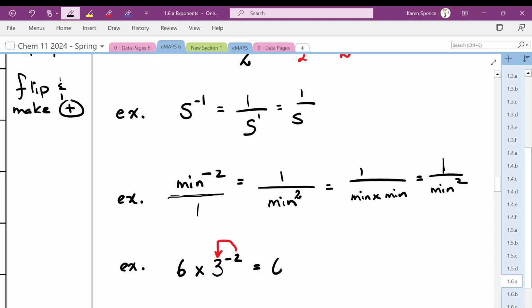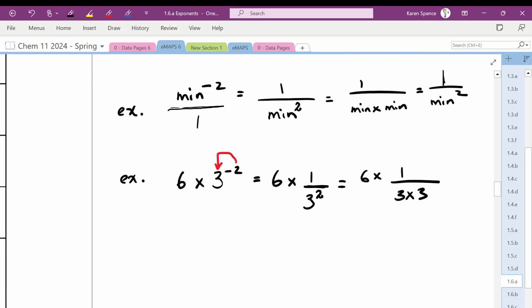So what we will have is 6 times, and then we're going to take the reciprocal of the 3. So that's going to be 1 over 3, and then we'll make it positive because we've taken the reciprocal. So that's going to be 6 times 1 over 3 times 3. Or if you prefer, you could write it as 6 over 3 times 3. Either of those is okay.